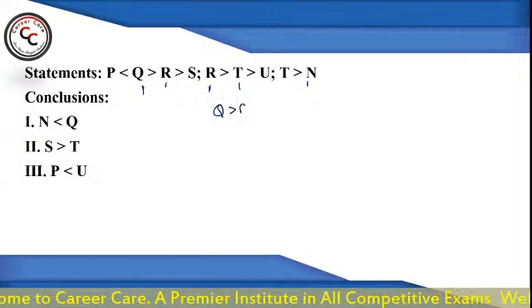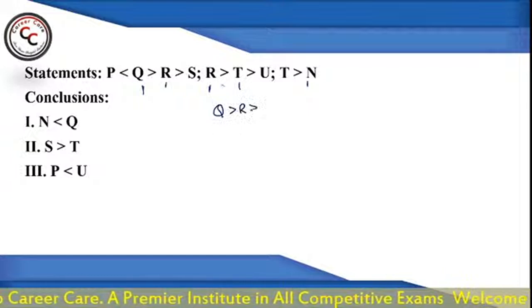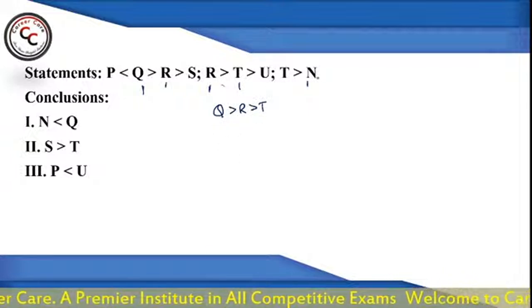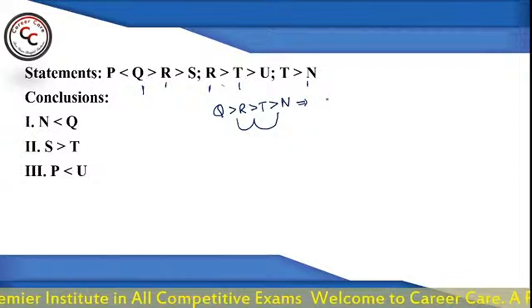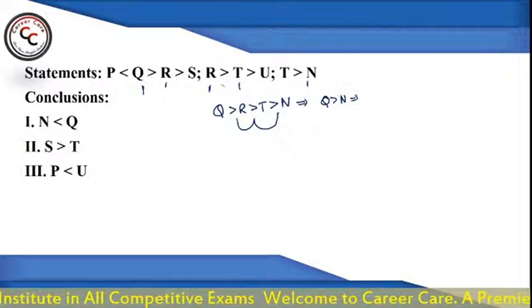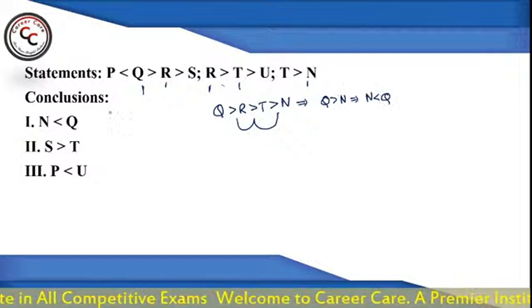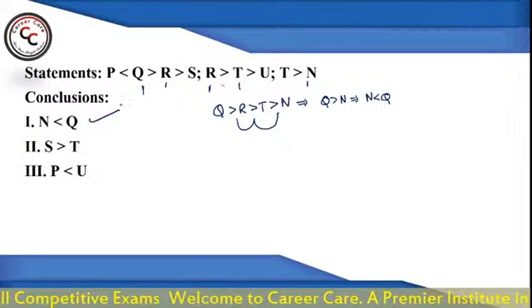So Q is greater than R, R is greater than T, T is greater than N. So greater than, greater than, greater than. So Q is greater than N. In reverse, N is less than Q. So first conclusion will be true. Simple.